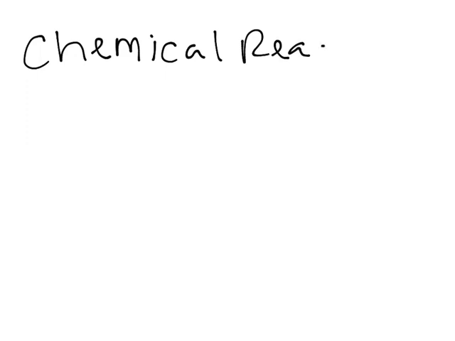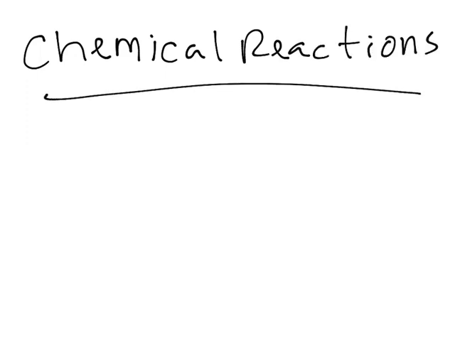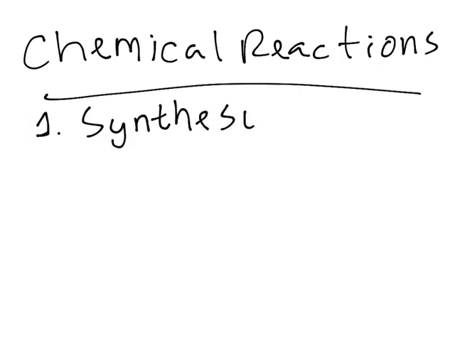In this video, I will explain to you how to classify chemical reactions. There are essentially 5 types of chemical reactions. The first type, a synthesis reaction. Second type, a decomposition reaction.